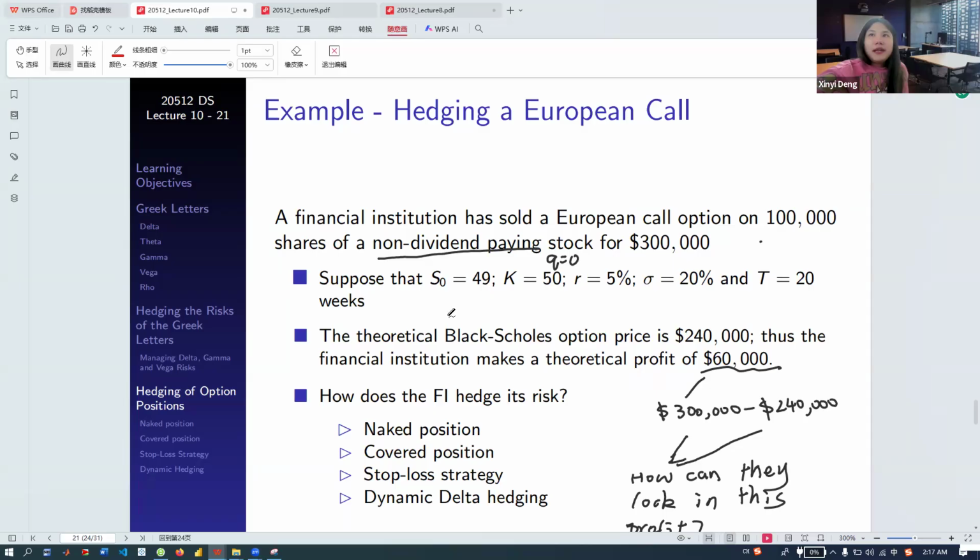Also, the market value of this European call option is actually $300,000.